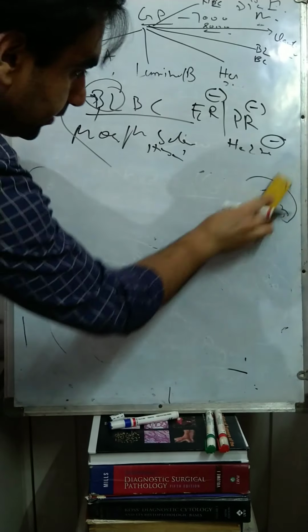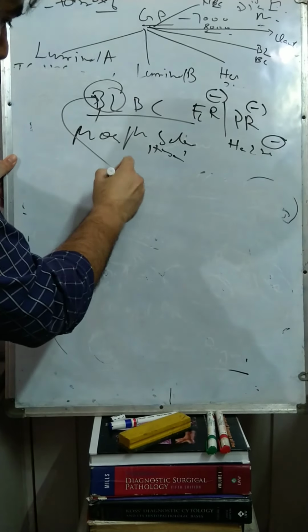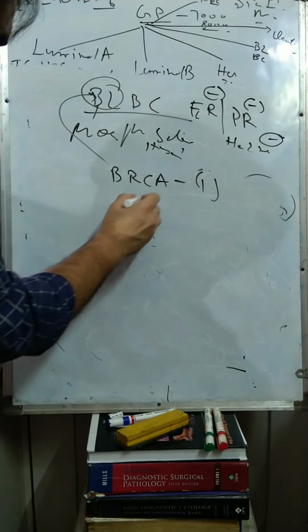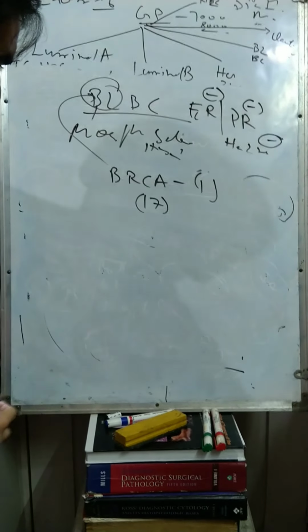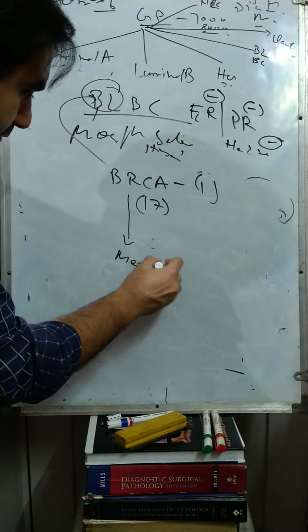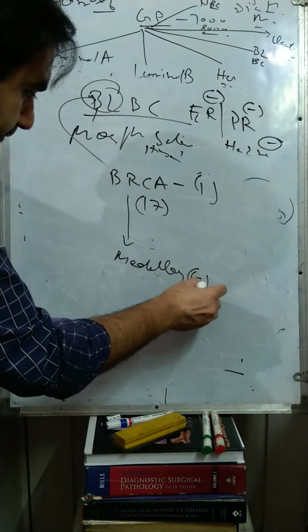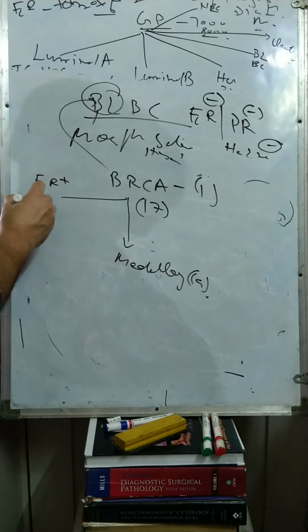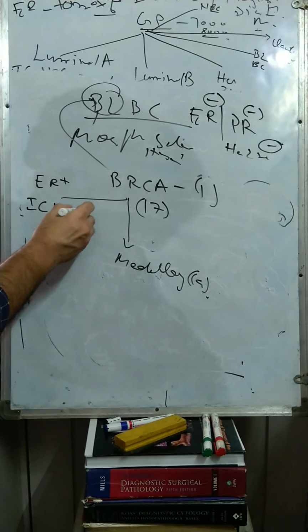Now coming to another topic related to this, BRCA. BRCA is a tumor suppressor gene present on chromosome number 17. BRCA is associated with medullary carcinoma, not 100%, but it can be. But BRCA can also be seen in ER positive invasive carcinoma of no special type.